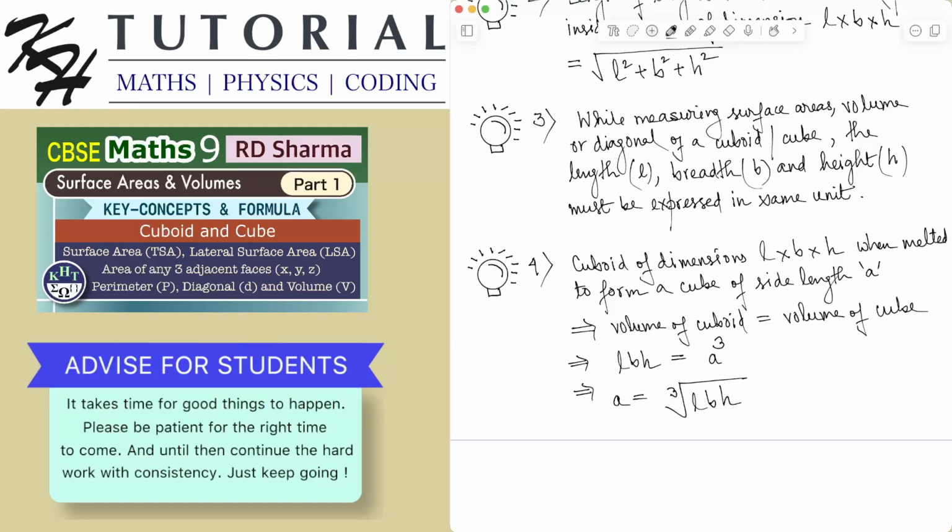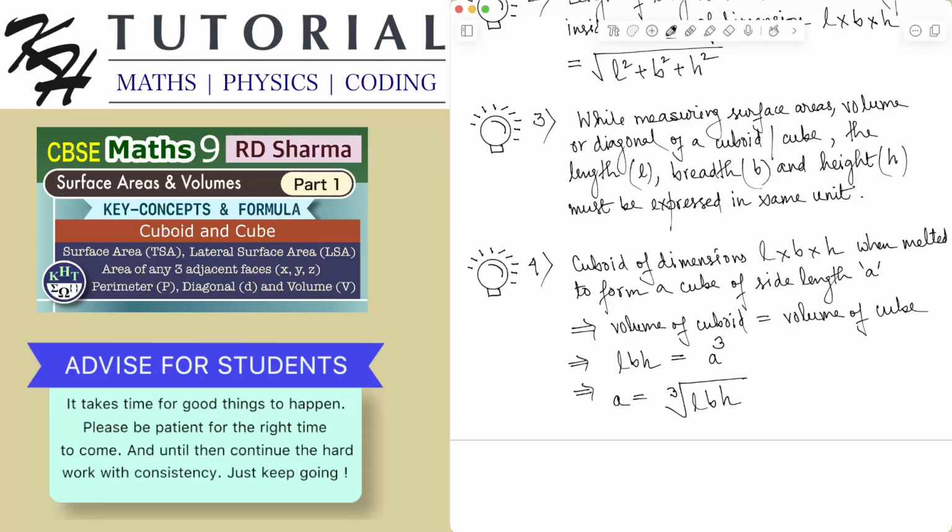When a cuboid is reformed, reshaped or melted into another cuboid or cube, the volume remains the same, not the total surface area or the lateral surface area.